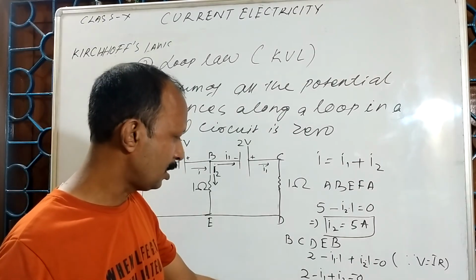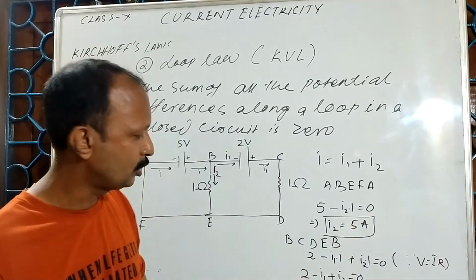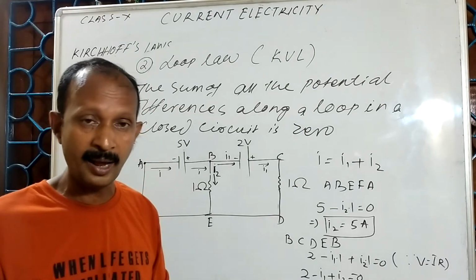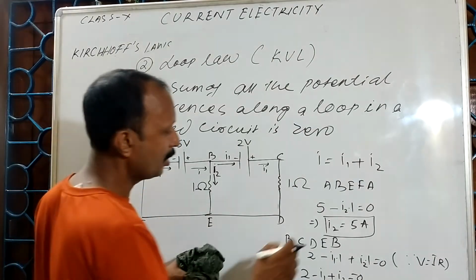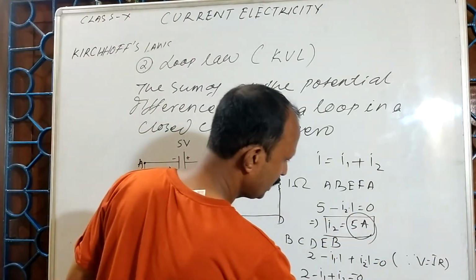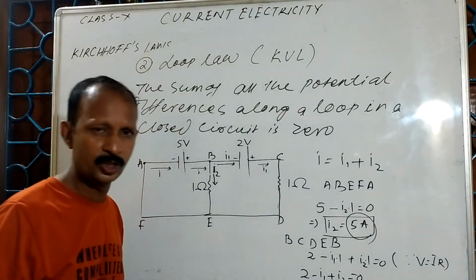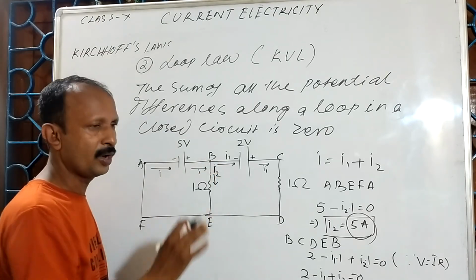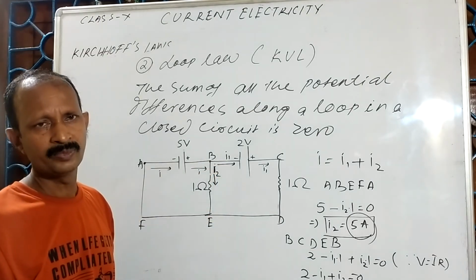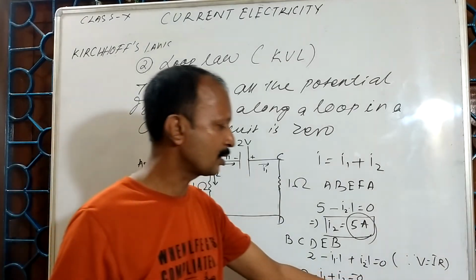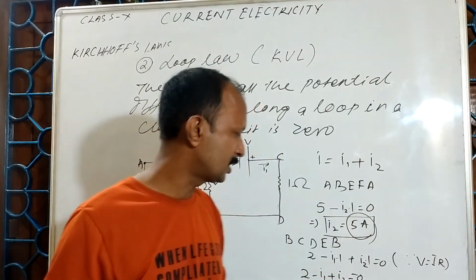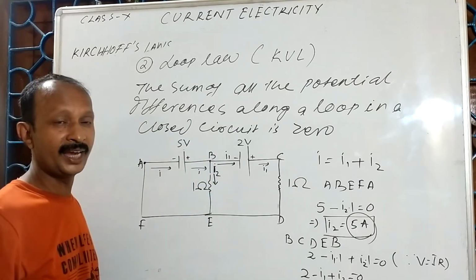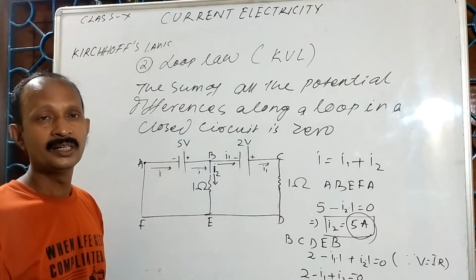So in this equation I have taken the value of I2 as 5 ampere. I got I1 is equal to 7 ampere. See that here I got the result positive, and here also I got a positive result. That means my thinking that this is the direction of current is absolutely correct. Suppose this answer were minus 7 or minus 5, that means the direction that I have taken is wrong.